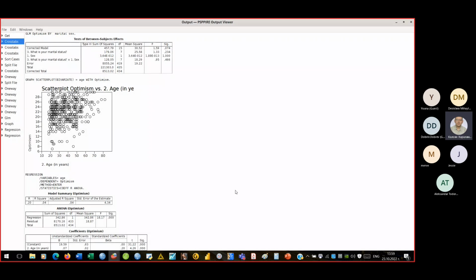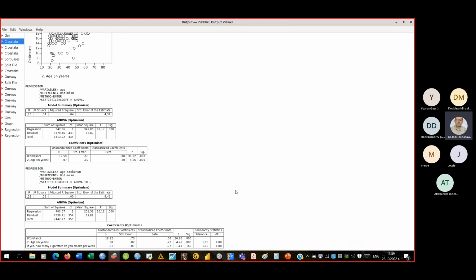These coefficients of tolerance are important because they show interaction or interactions between factors.